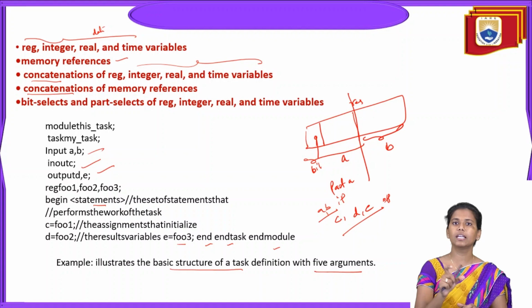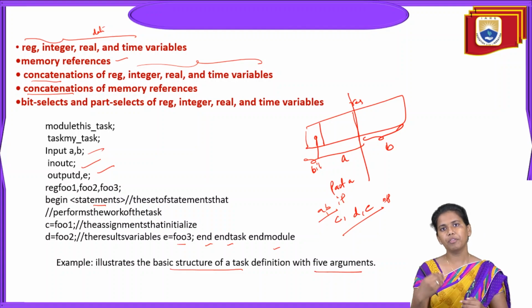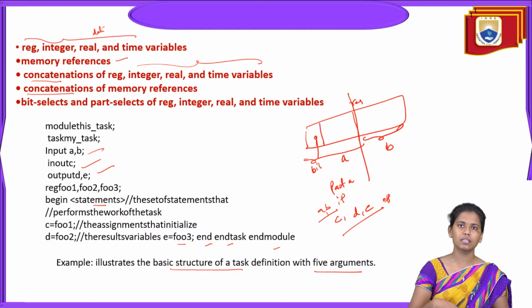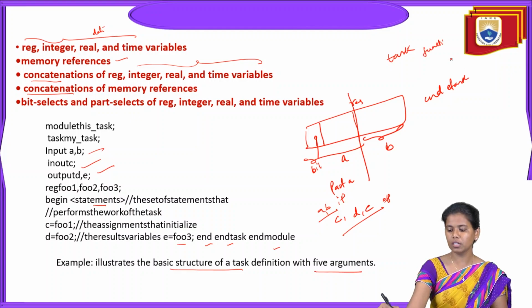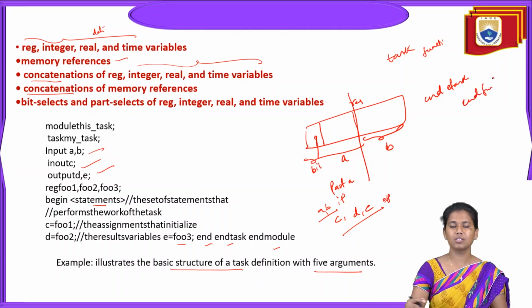Inputs and outputs are declared separately, and then finally ending with the particular task. If you are going with the task, your keywords must be task and end task. If you are going with functions, your keywords must be function and end function. So this is all about tasks and functions and the problems and how to solve them in terms of behavioral modeling.